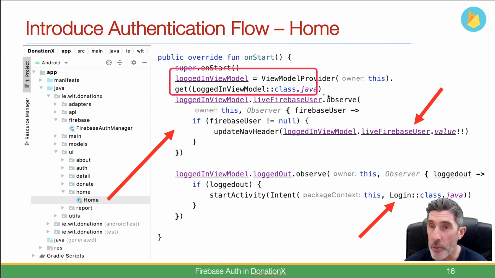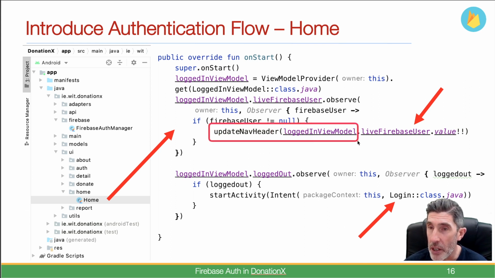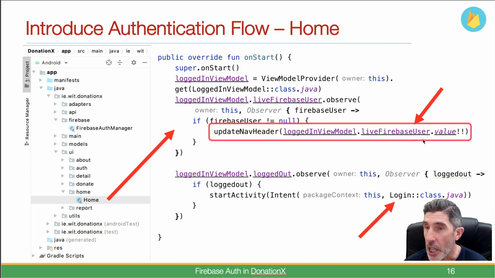So we bind to our view model instance, we observe the live Firebase user of that, and if that Firebase user is not null, so if we do have a Firebase user instance, in this case it will be authenticated, we will have a correct email user with a validated email, we call update nav header, passing in the live Firebase user.